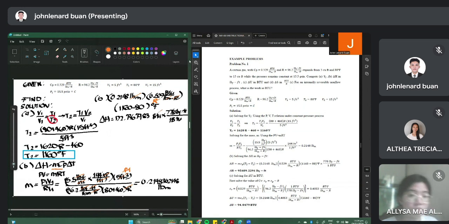The answer times 778 will give us an enthalpy equal to 95,489.22909 pound force feet.